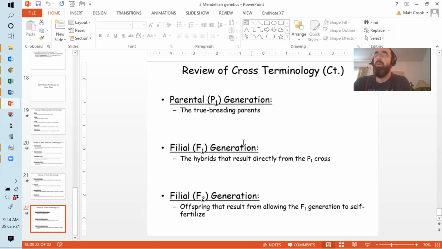We have our F1 generation, which will always be heterozygous. Who remembers this? What phenotype will they show? Which of the parents will the F1s look like? Dominant. Correct. Awesome. Exactly the same as with the monohybrid, right? And those heterozygotes will be crossed together to produce our F2 generation. So the assumptions are the same, the structure is the same, at the very least the P and the F1 generation are the same.